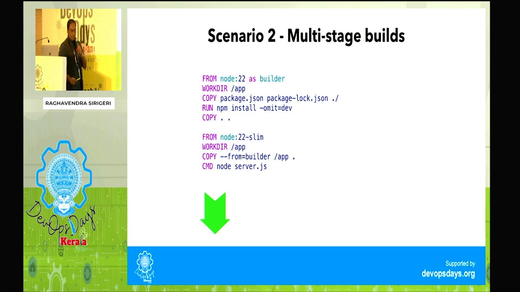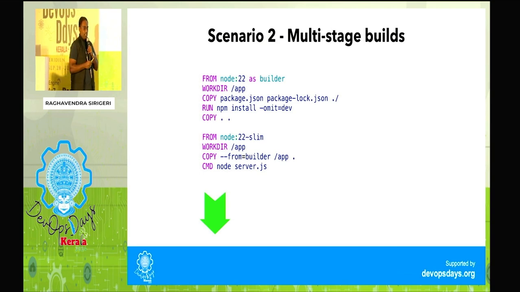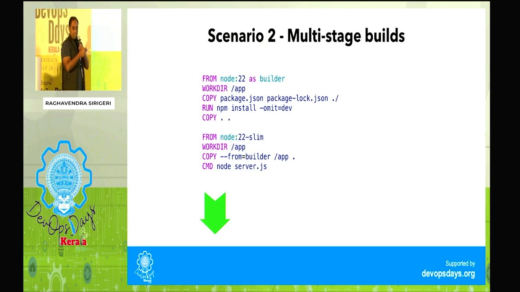Let's look at this other concept called multi-stage builds. Here, in this Docker file, it is one Docker file, but it's split into two parts. In the first part, I'm only going to do the build stage. I use the Node 22 image as a builder image, and do all the installations and everything.